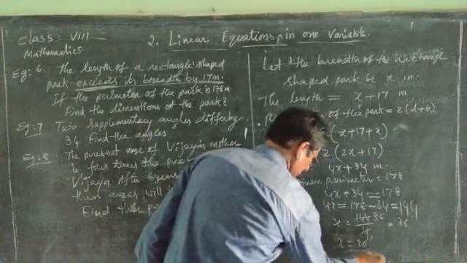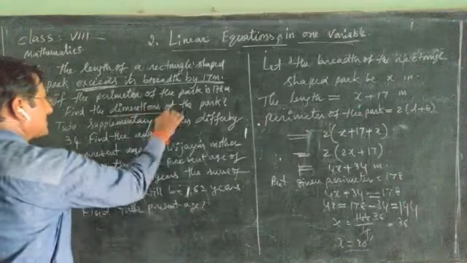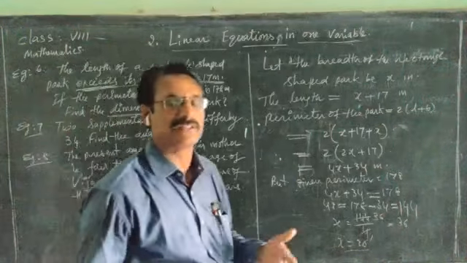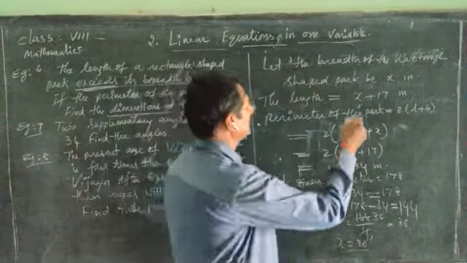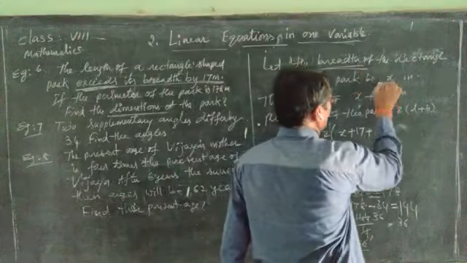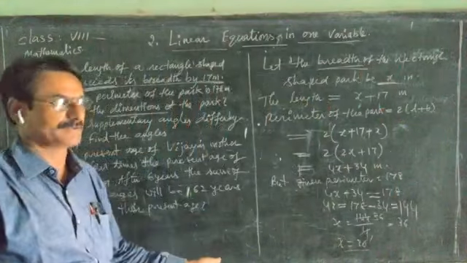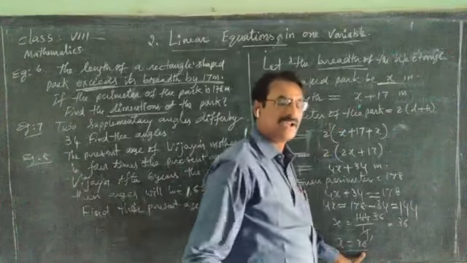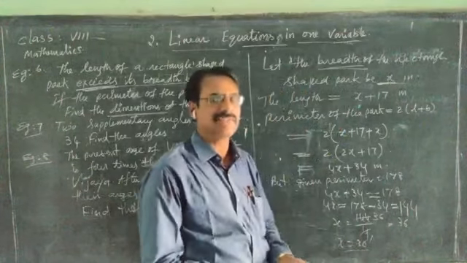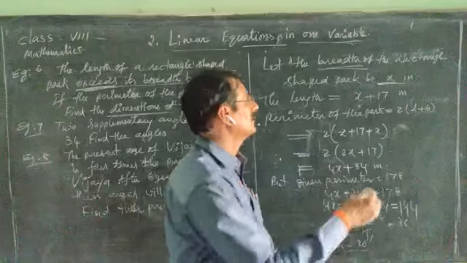What is our question here? Find the dimensions. Dimension means nothing but length and breadth. Here we got x. What is x? Breadth of the park. That means we got the breadth of the park. So breadth equals how much? 36. And length? Add the 17 to the breadth. 36 plus 17 equals 53.